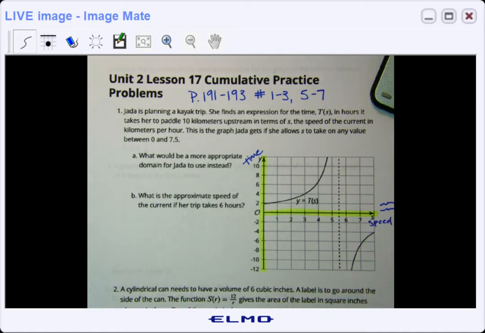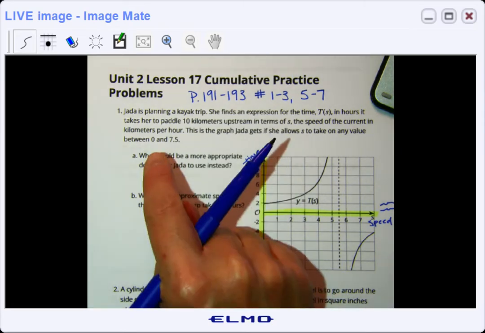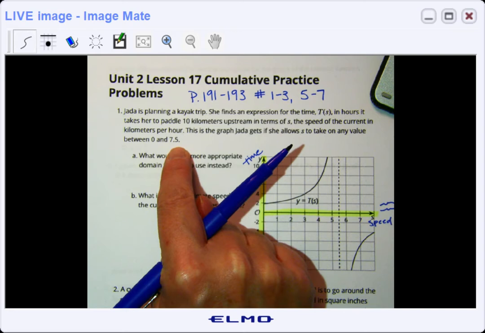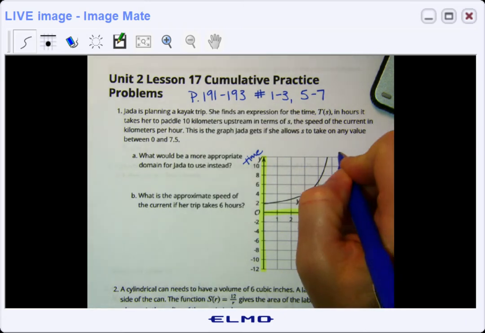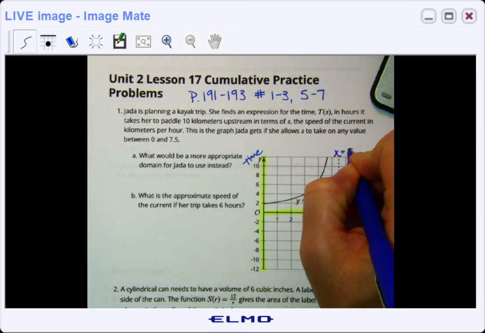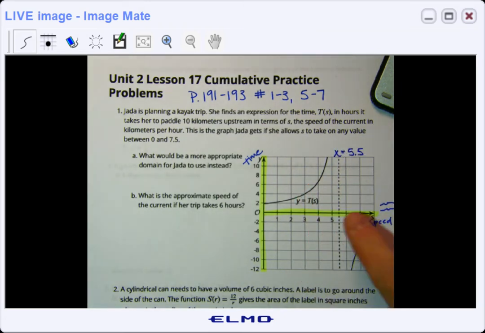All right. So what would be a more appropriate domain for Jada to use instead? So she has 0 to 7.5. But notice there's a vertical asymptote right here at x equals 5.5. And then after that, this part of the graph is all in the negative.